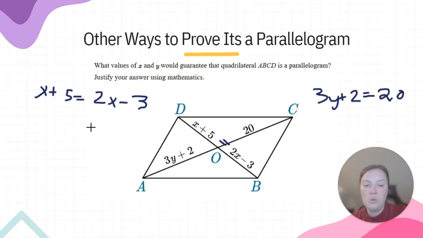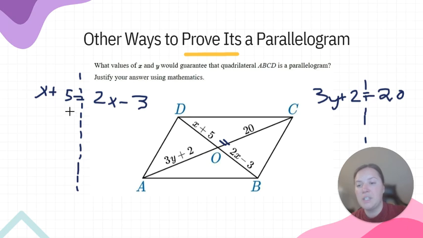Now, to do this, we would just solve multi-step equations. I like to remember to always split my equal sign. I'm going to say x's because I have two x's on this side and one on this side. This is going to be my x's side, and this is going to be my number side. If I want to get rid of my x's, I have a positive one here, so I can subtract an x from both sides.